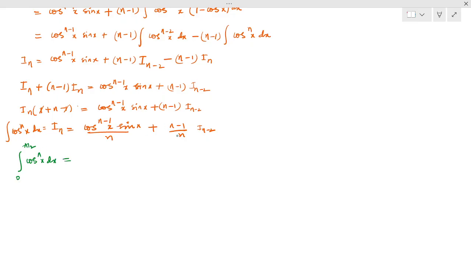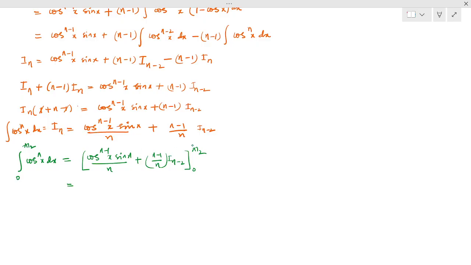It's already here, just apply the limits. You can write cos raised to n minus 1 x into sin x divided by n, plus n minus 1 by n into I_n minus 2, between the limits 0 to pi by 2.